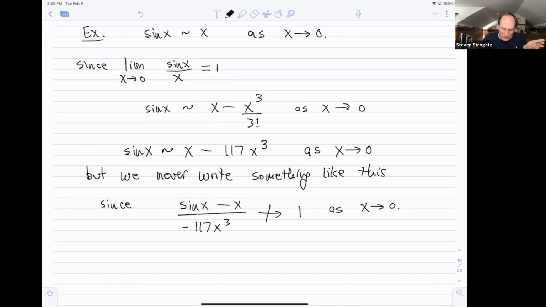It's only when I have the correct prefactor of 1 over 3 factorial that it would approach 1.